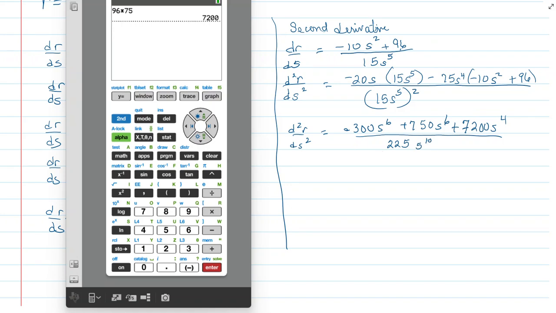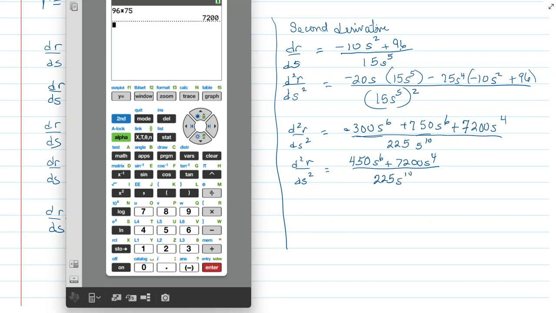All right, so I'm going to do a little bit of cleanup. And I've got a negative 300 and that, so that's 450 positive, plus the 7,200 S to the 4, all over the 225 S to the 10.